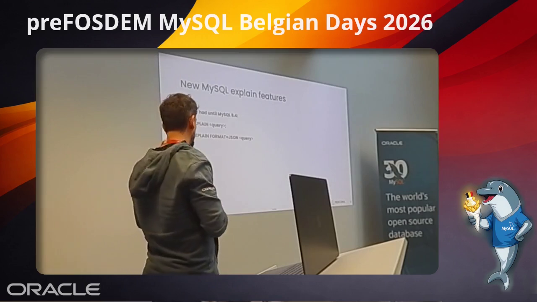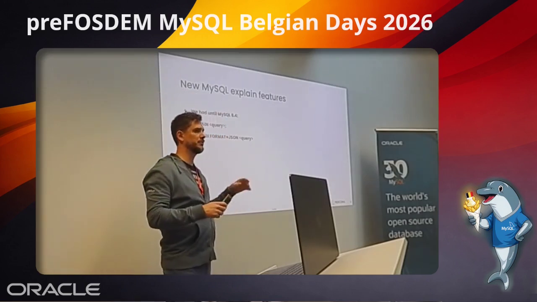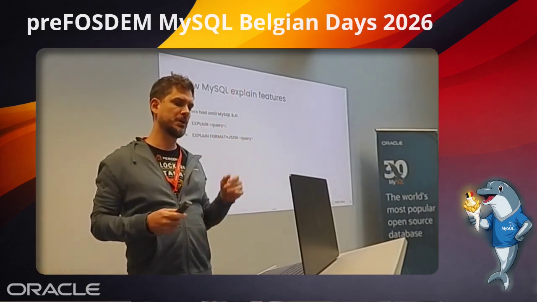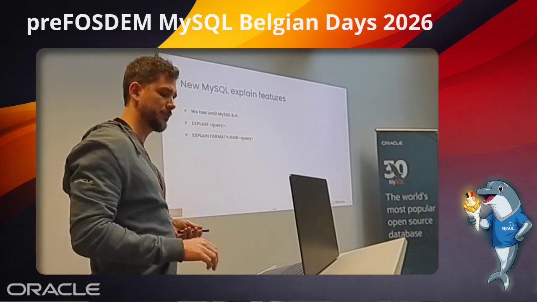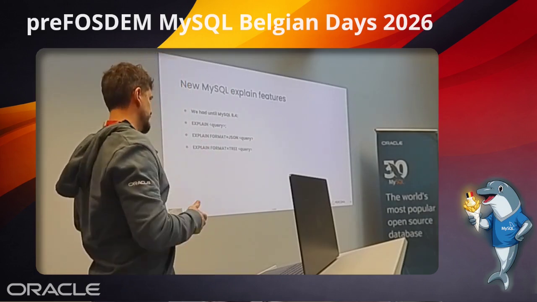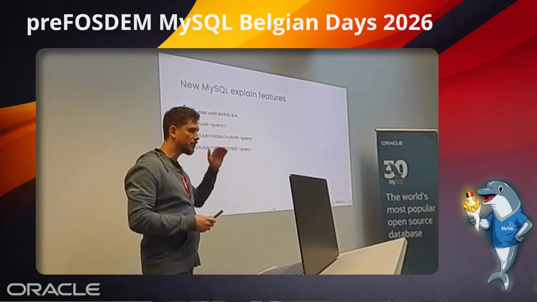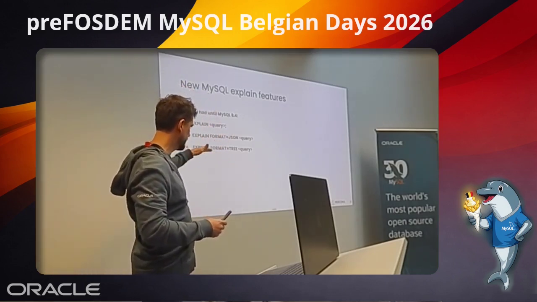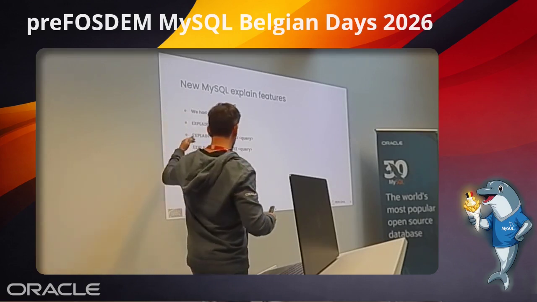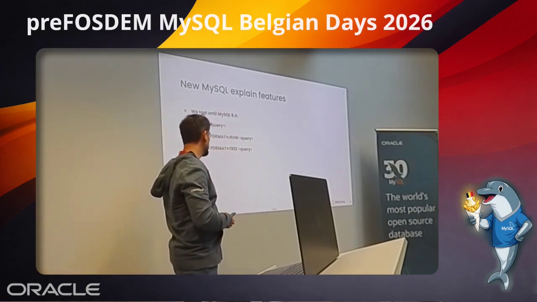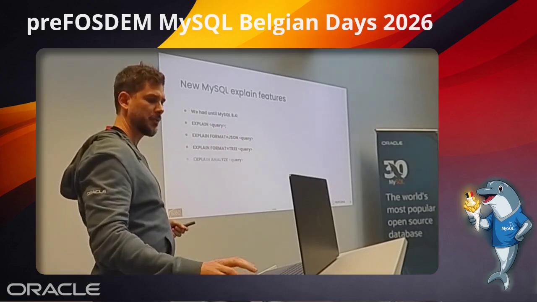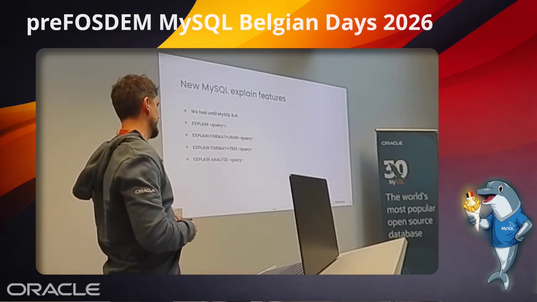We have a different format with JSON, so EXPLAIN FORMAT=JSON would give you extra metrics. MySQL 8.0 introduced the TREE format, where each line is indented going deeper, right? And they also provided us with EXPLAIN ANALYZE.